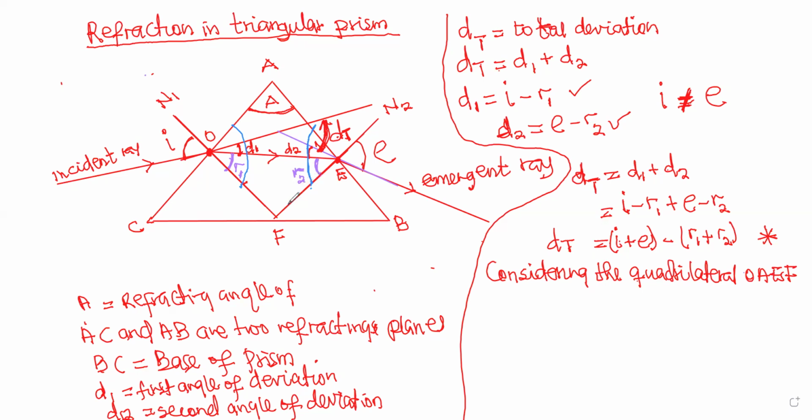Equally, when we sum this angle and this angle, the refraction angle of the prism A, that must also be equal to 180. The reason is that the sum of angles in a quadrilateral must be equal to 360. So if this plus this is 180, then this plus this must also be equal to 180.